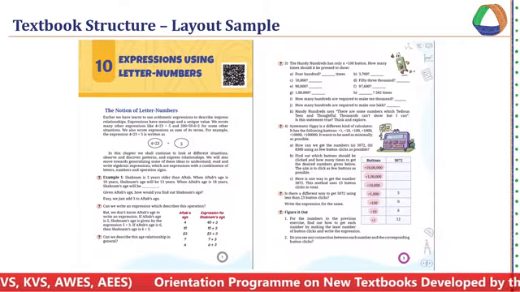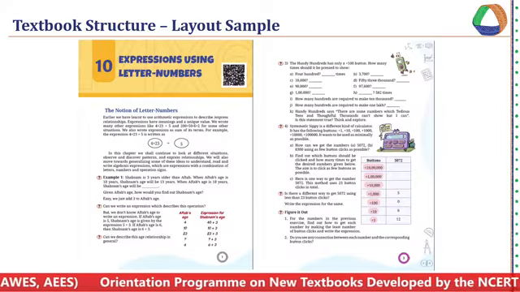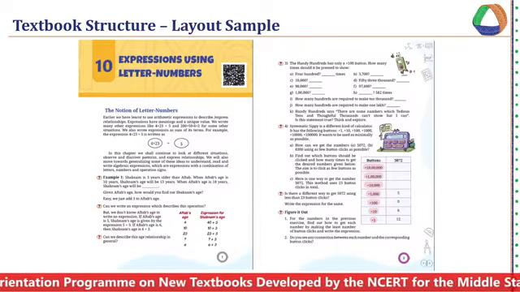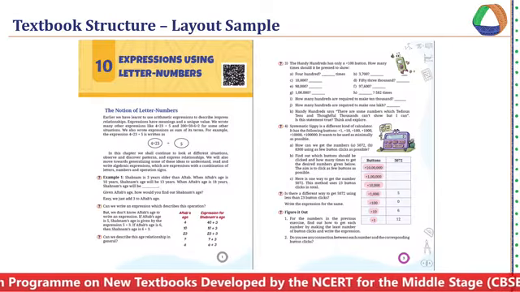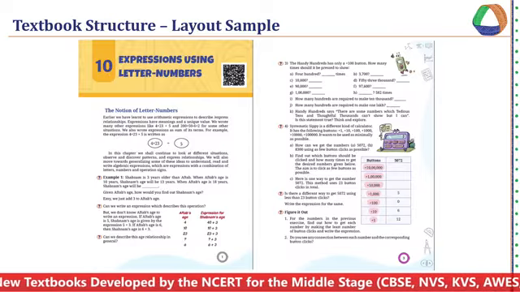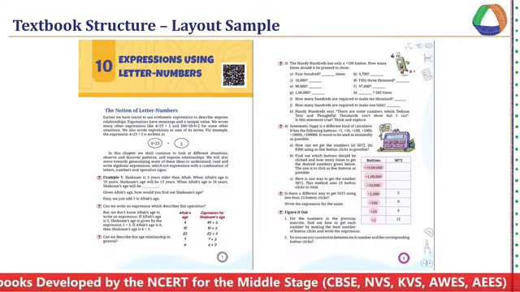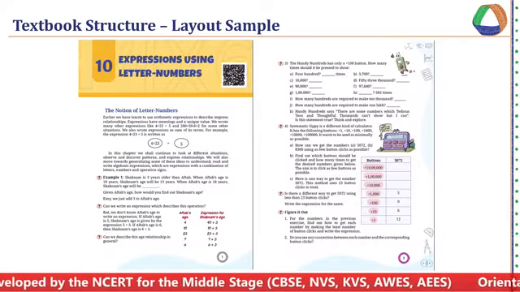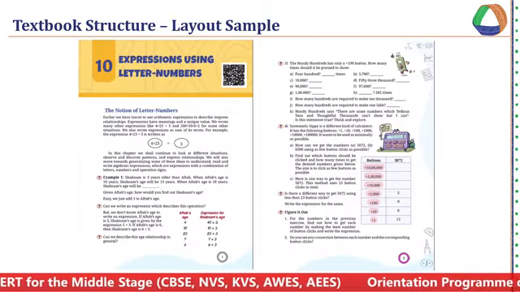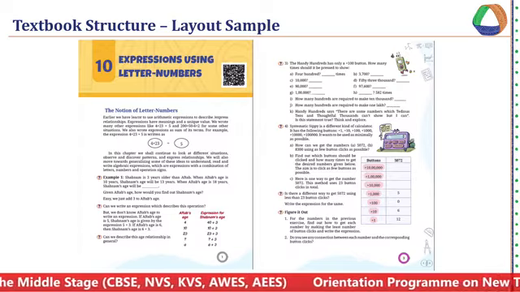So this is about expressions using letter numbers. So we are talking about the algebraic part here, and how these letter numbers come into play. That has been done in this particular chapter. So there are different instances, different activities that are being discussed here, and using that, slowly we introduce the concept of the letter, that is X, Y, Z, M, L, N, etc.